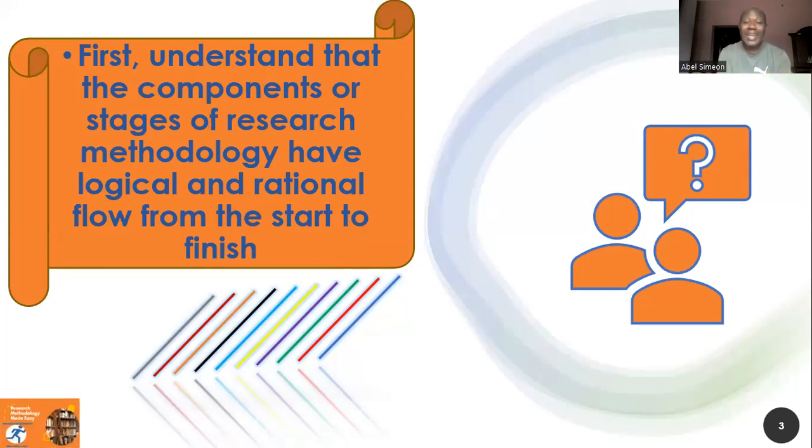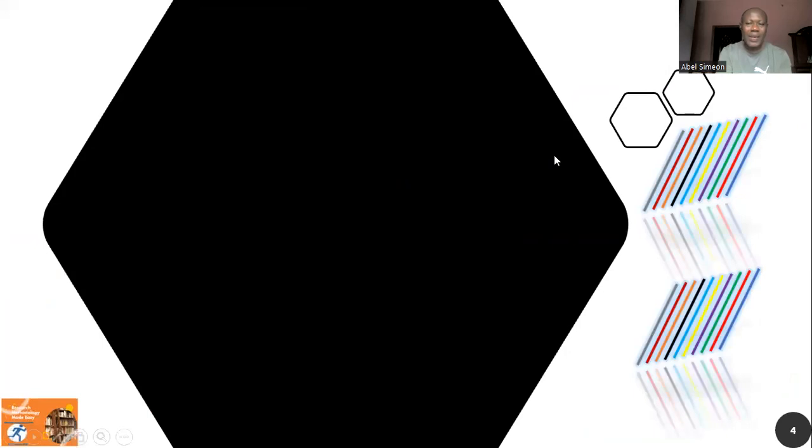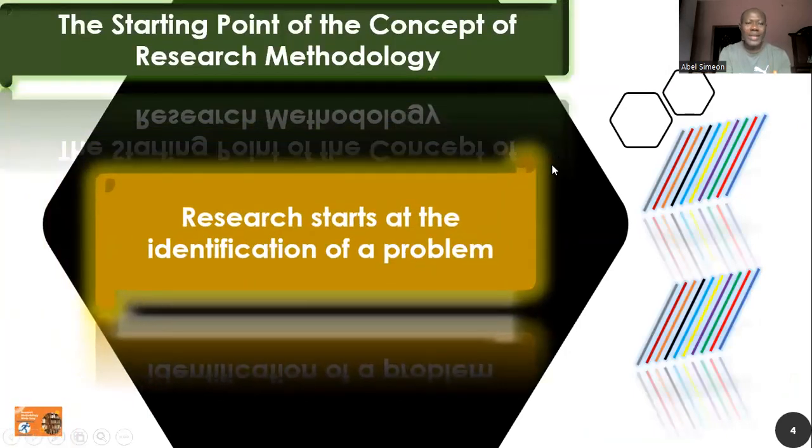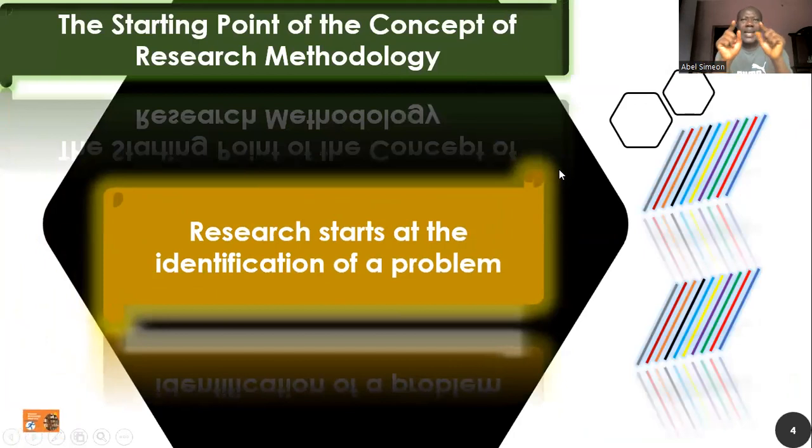No, it has reason and value attached to it. So the first point is for us to know that identification of a problem is the beginning of research methodology. That's the first component. That's the first stage.